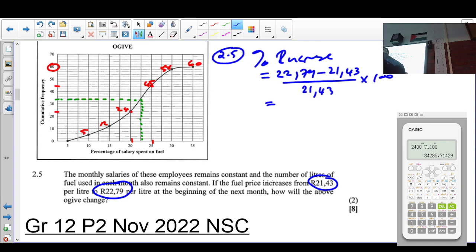Remember, for percentage increase or decrease, it's going to be difference over the original times 100. Let me put the calculator in the normal format. So it's 22,79 minus 21,43, and this is over 21,43. Then times this by 100. So that's a 6,34% increase.